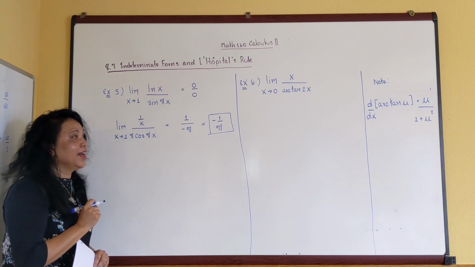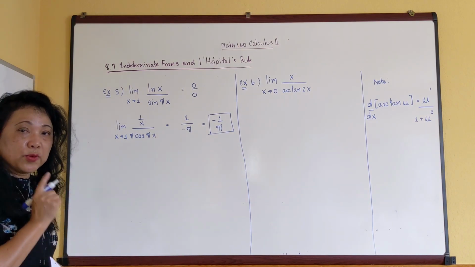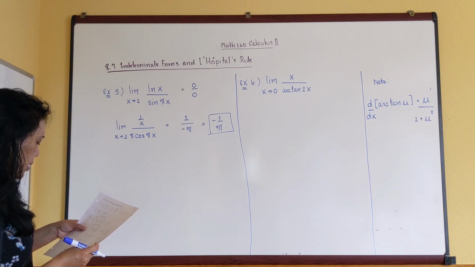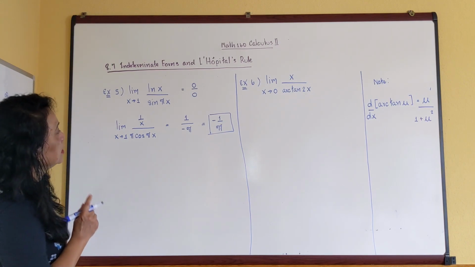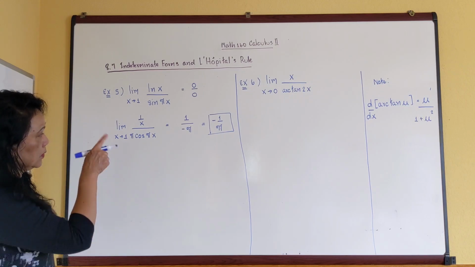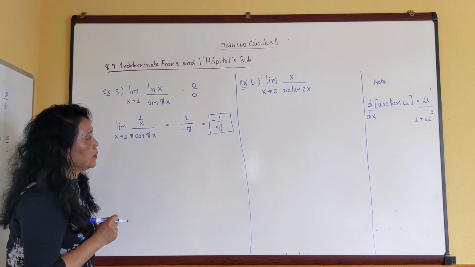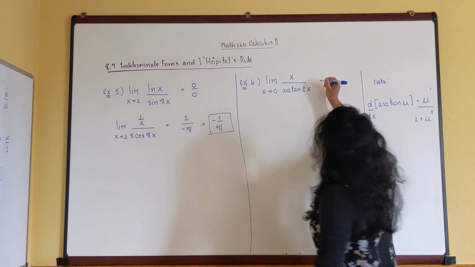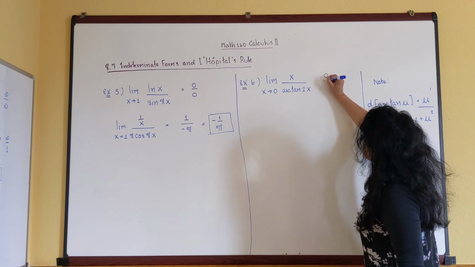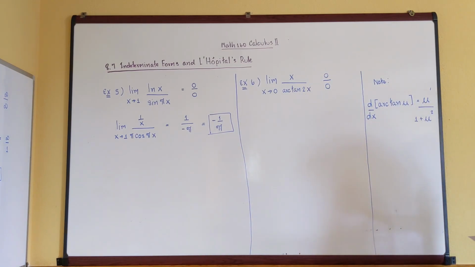Alright, now let's look at the last example for part 1. I have this limit as x goes to 0 of this function. If you substitute 0 in here, you're going to have 0 over 0, which means I can apply the L'Hospital rule.